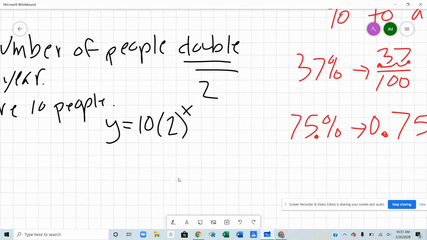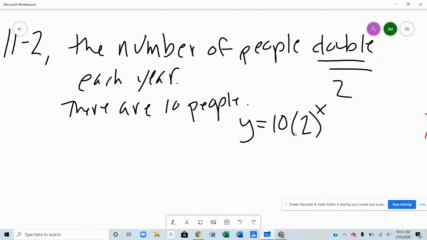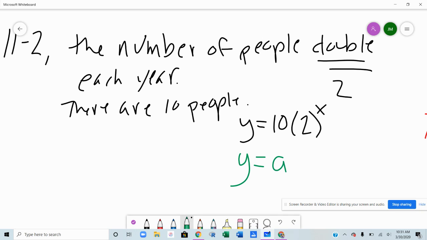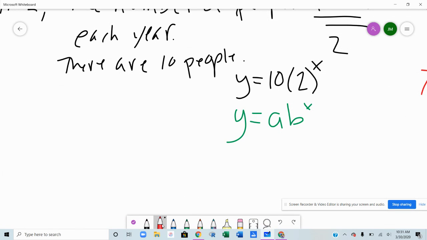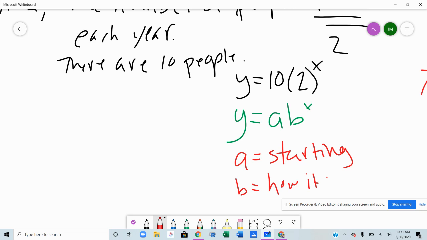So from 11.2, we had this form of our equations, y equals a b to the x, where a is your starting, and b is basically how much you're changing by, how it's changing.